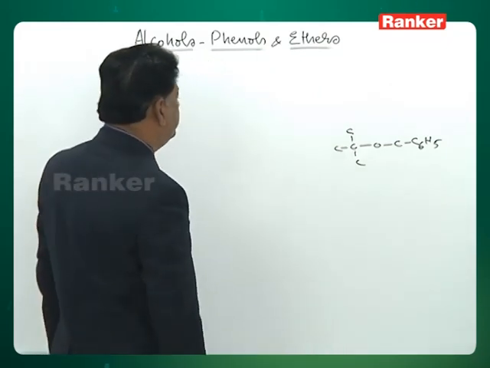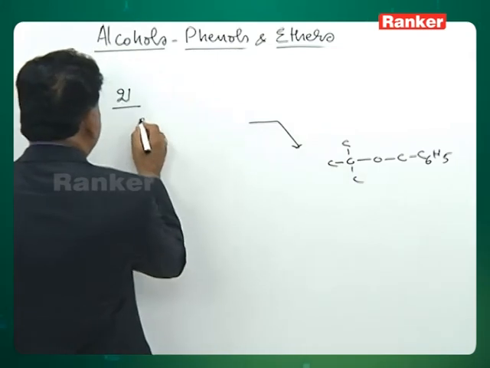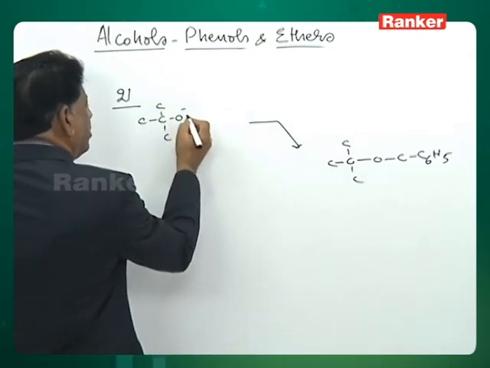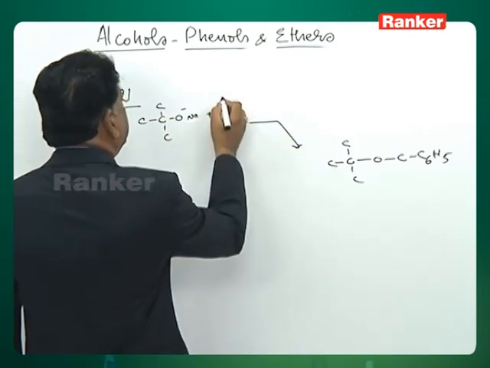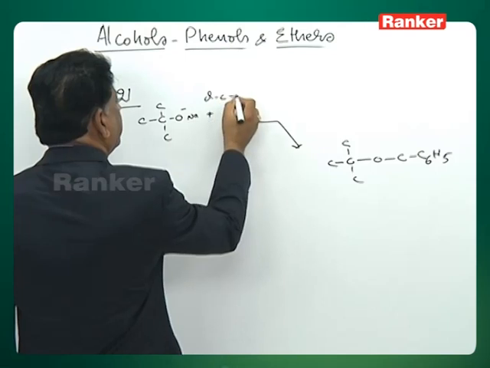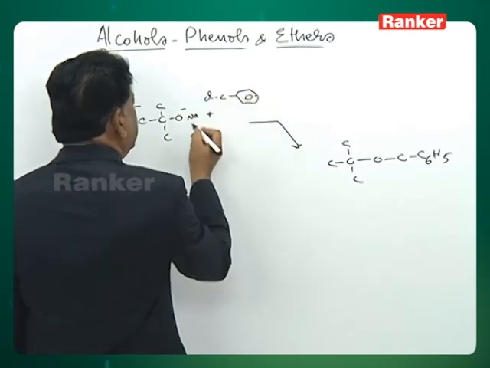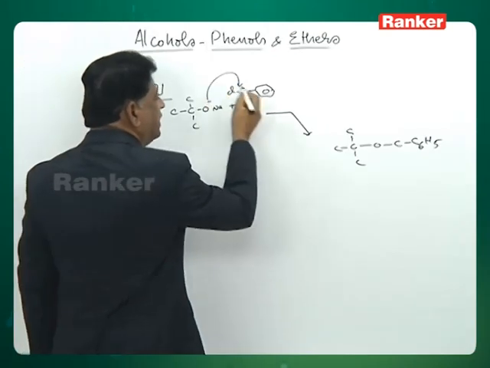Now these two groups can be prepared basically from two sides. One may be an alcohol. Better take a salt of alcohol and treat it with the benzyl halide. If you take a benzyl halide, this alkoxide will attack here and the reaction takes place.